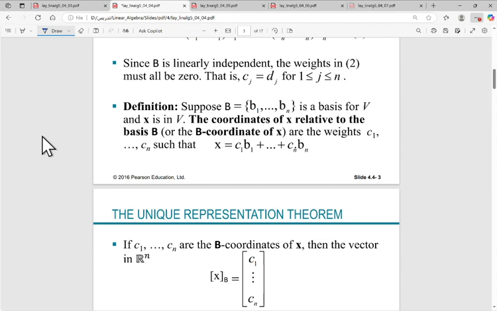You can write x in a unique way as a linear combination of vectors in B. The weights of this linear combination, which form a unique vector, are called the coordinate of x according to B, or relative to B. All right? Is this clear to you?